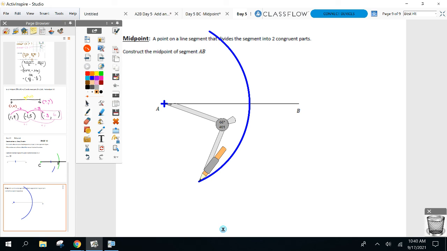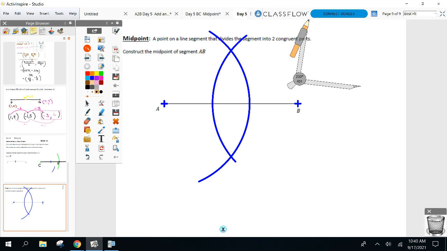Go over to the other endpoint now, and make another decent size arc. How many times are those two arcs going to intersect? Should intersect twice. Yes, and that's what you want. Both arcs intersect in two spots.